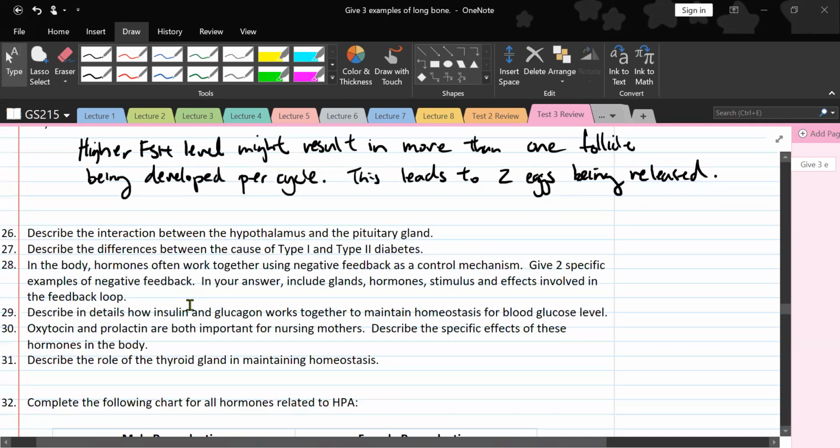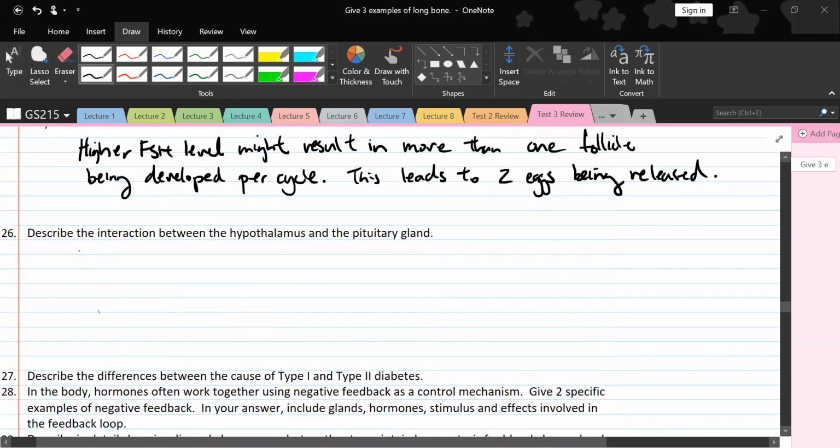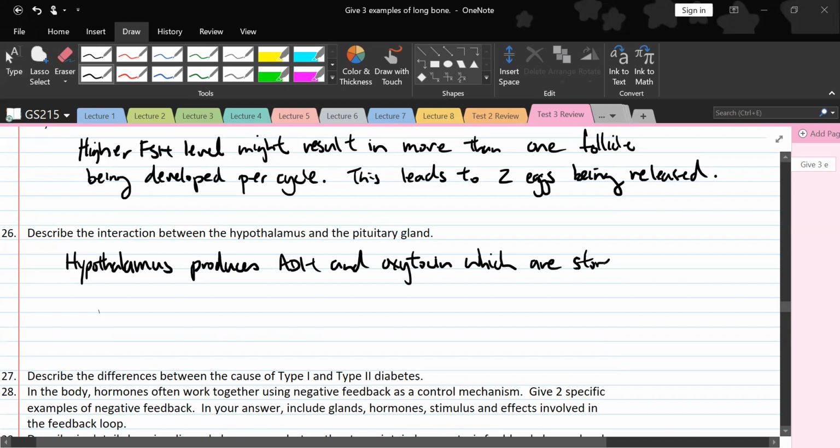Describe the interaction between the hypothalamus and the pituitary gland. We did this multiple times already, but we can quickly review it again. So the hypothalamus produces ADH and oxytocin, which are stored and released from the posterior pituitary.